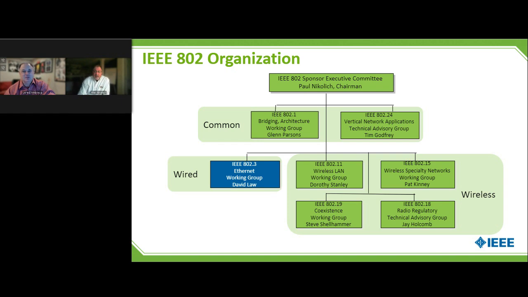This slide shows the overall structure of 802 and how we're organized. Basically, there's wired activities in 802.3, and then we have several groups that are developing the wireless interfaces. The most popular is the 802.11 interfaces, which are commonly known as Wi-Fi.